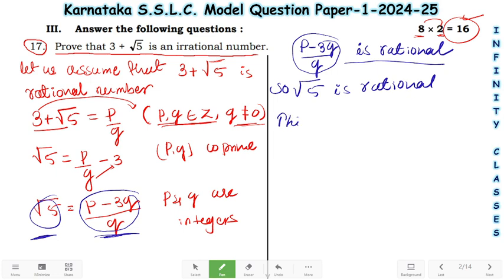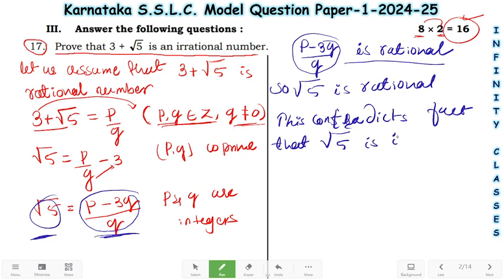This contradicts the fact that root 5 is irrational. Root 5 is irrational.